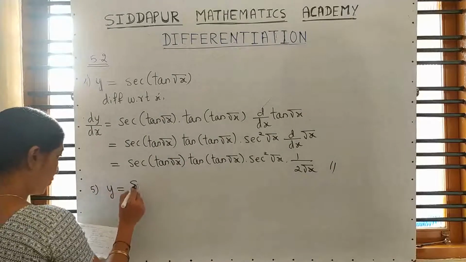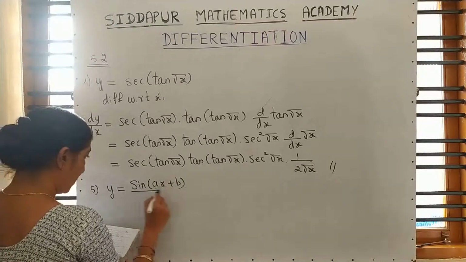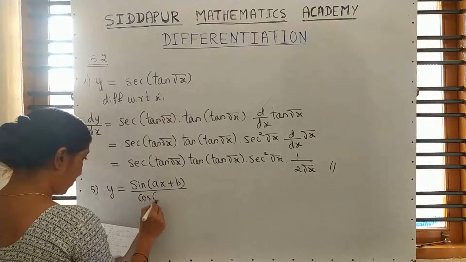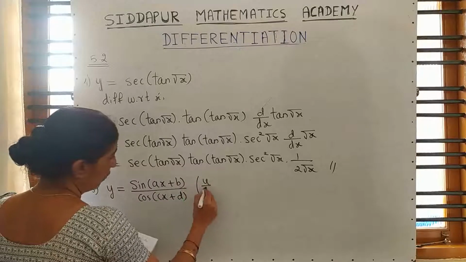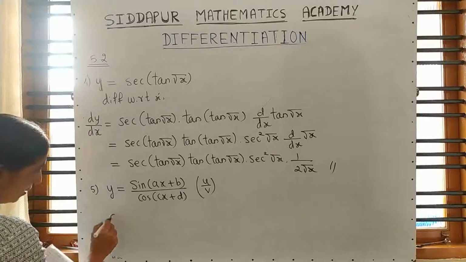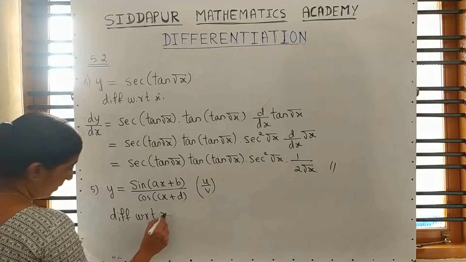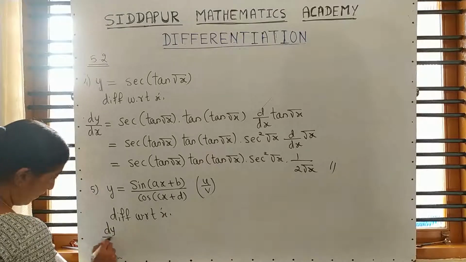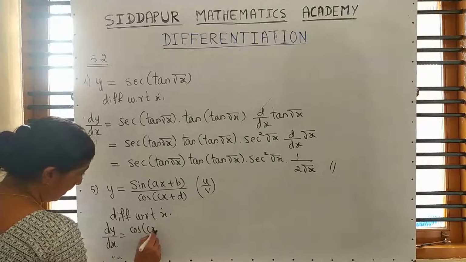Y is equal to sin of ax plus b upon cos of cx plus d. See students, is it in the form of u by v or not? Yes. Differentiating with respect to x. Apply the u by v method. Already you are familiar with that.